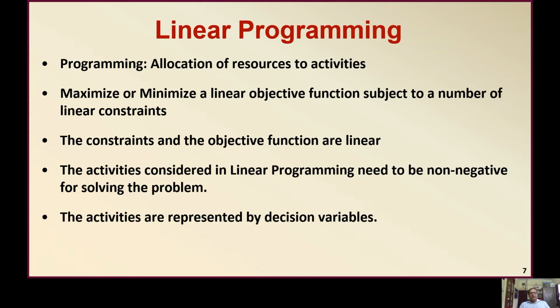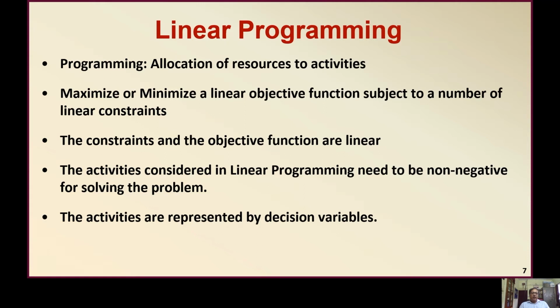The activities considered in linear programming need to be non-negative for solving the problem. In reality, it is very difficult to think of negative values of variables in the practical world. Theoretically, yes, there are problems in physics and other sciences where you get negative numbers, but in the real world it's very rare.